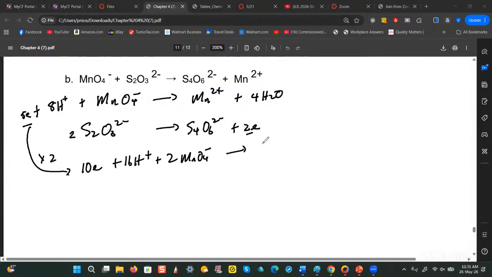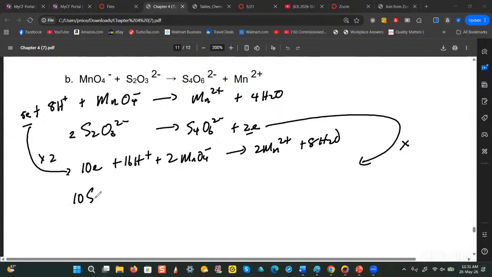And on the right side, you're going to have 2 Mn2 plus, 8 water, right? And what about this equation here? What do we multiply that by? 5. So you're going to end up with 10 S2O3 2 minus to give 5 S4O6 2 minus plus 10 electrons, all right?